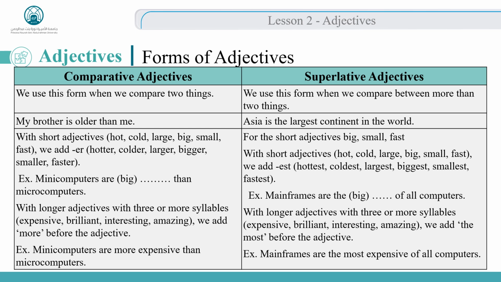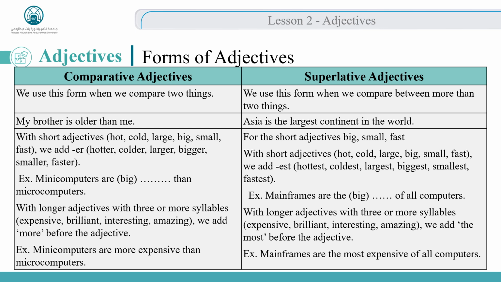As long as we have one vowel, the word consists of only one syllable. That's when we add "er" to the adjective. And the examples in front of us: hot, hotter, cold, colder, large, larger, big, bigger, small, smaller, fast, faster.